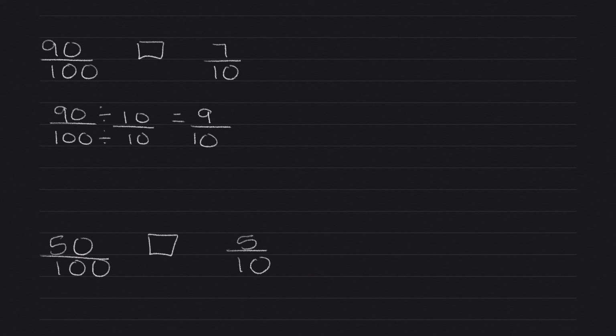So now instead of working with hundredths, I'm working with tenths, and I can compare 9 tenths compared with 7 tenths. What symbol would I use to compare these? If you said greater than, you're correct. 9 tenths is greater than 7 tenths.